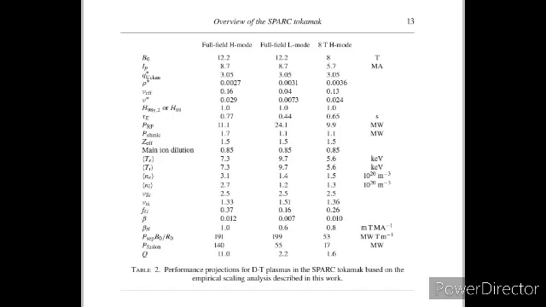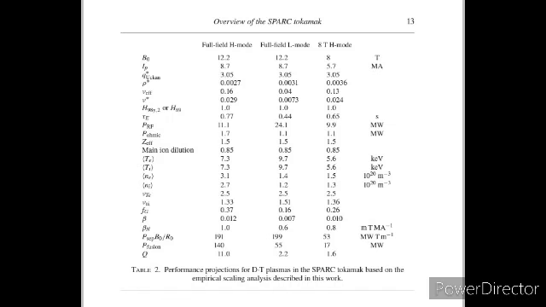This margin allows one to, for example, run scenarios with highly dissipative divertor solutions even if they lead to degradation of core confinement and still achieve the mission of Q greater than 2.